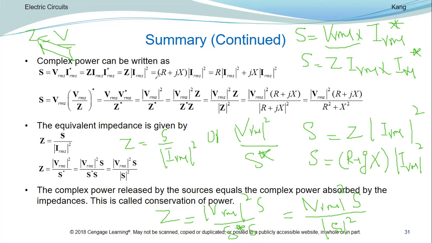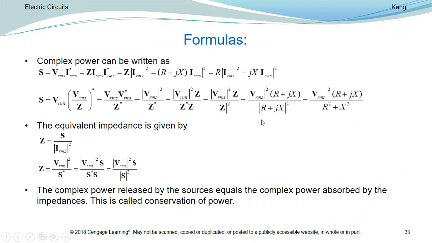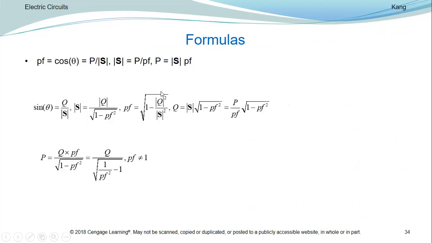Okay, so the next thing is the power factor. The power factor is also the value of cos theta, and we can find it by using P upon the absolute value of S. The absolute value of S will be P upon PF, and sine theta will be Q upon the absolute value of S. So the absolute value of S equals the absolute value of Q divided by the square root of 1 minus PF square.